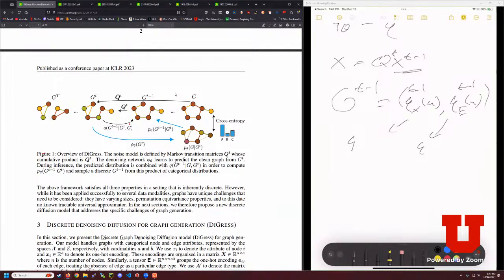For example, edge type 0 just means no edges. There could be some heuristics, like for node type 0, it just means this node doesn't exist. You could do the same thing for the node classes as well.